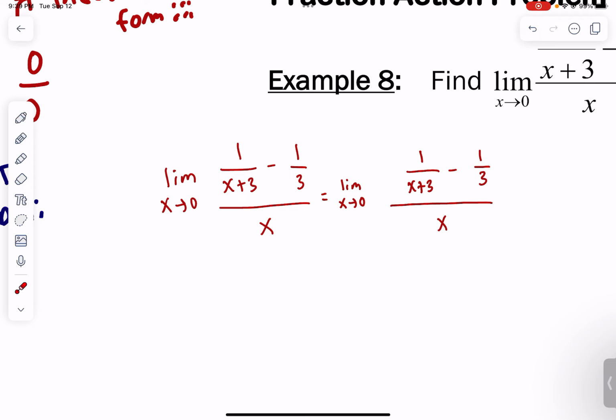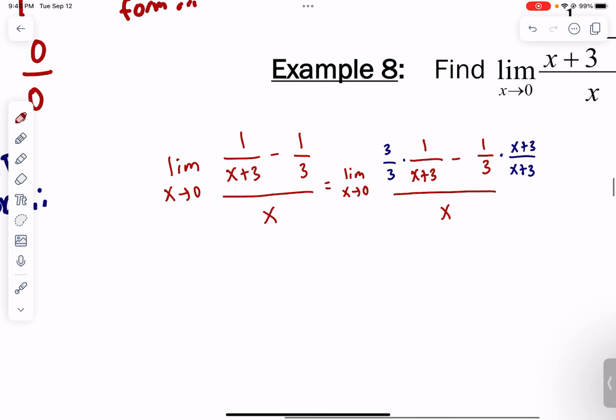And so we're going to multiply this fraction by 3 over 3. And then we're going to multiply this fraction, the 1/3, by x plus 3 over x plus 3. By doing this, this will allow us to get a common denominator in the numerator.